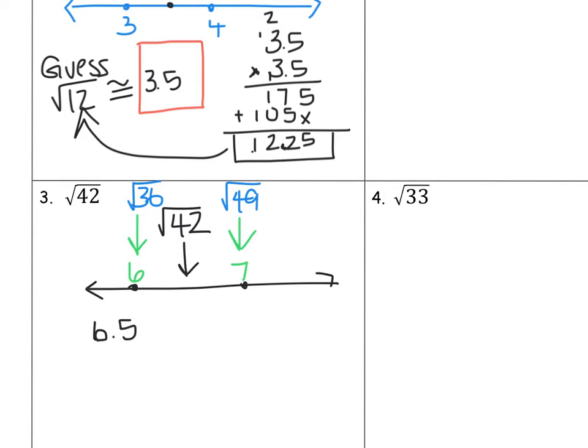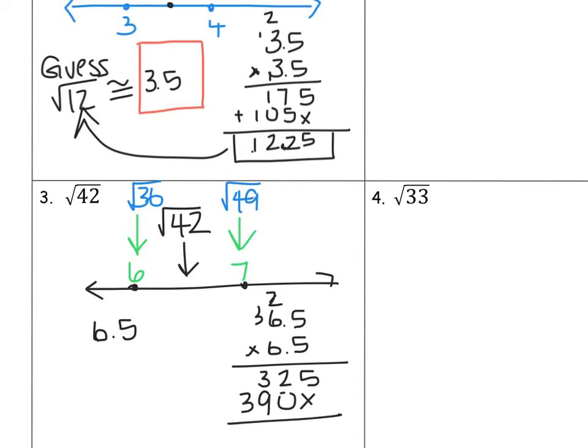So let's check, and we'll multiply 6.5 times 6.5. 5 times 5 is 25, carry the 2. 5 times 6 is 30, plus 2 is 32. There's my placeholder. 6 times 5 is 30, carry the 3. 6 times 6 is 36, plus 3 is 39.